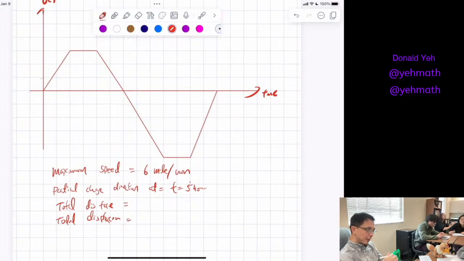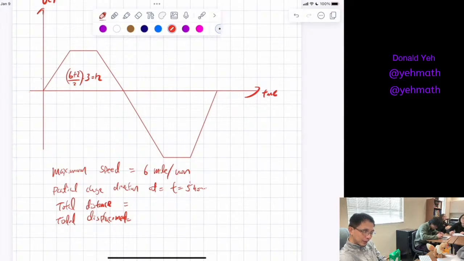What will be total displacement and total distance? What will be total distance? So this is 6 plus 2 divided by 2 times the height, so that is 8 over 2 is 4, this is 12.